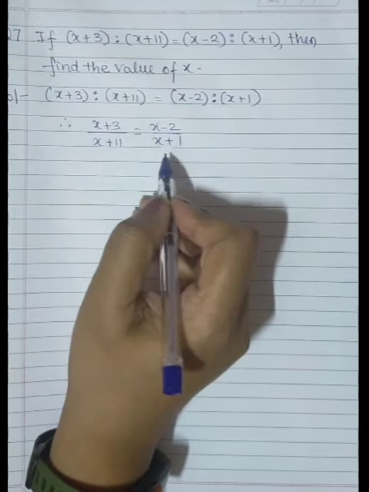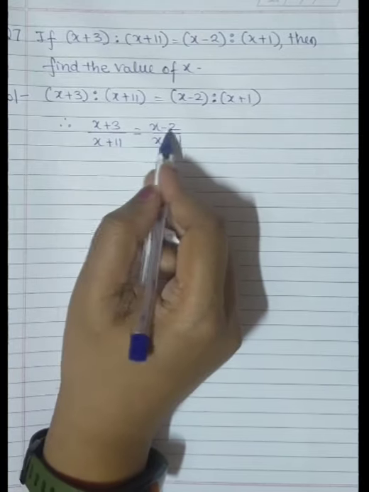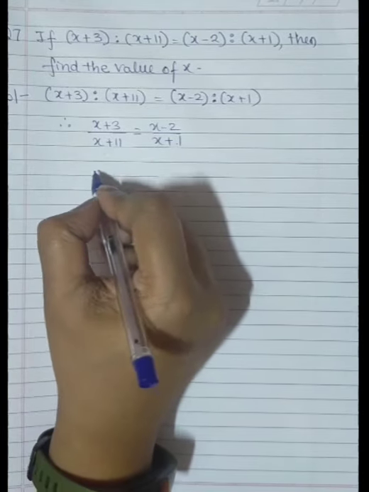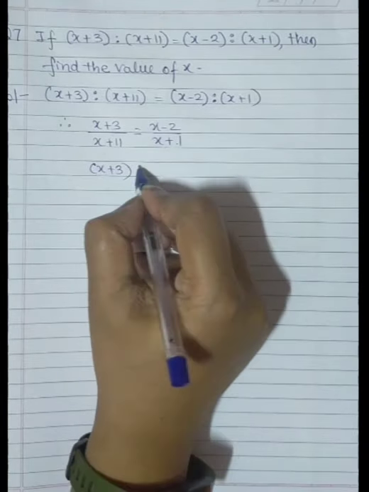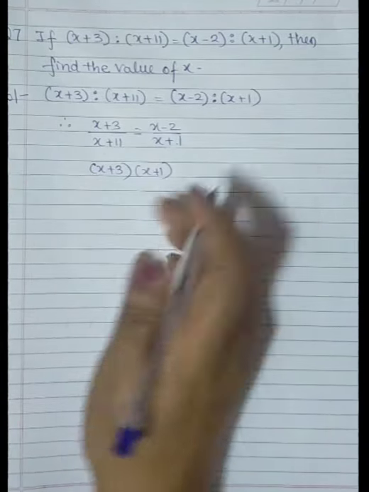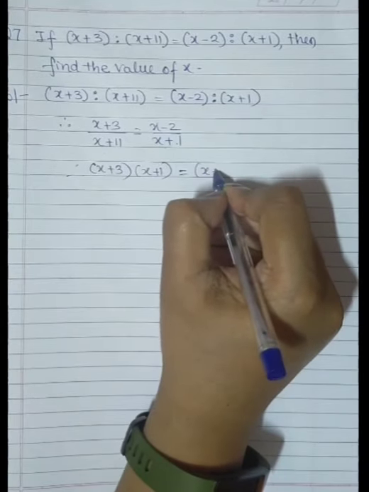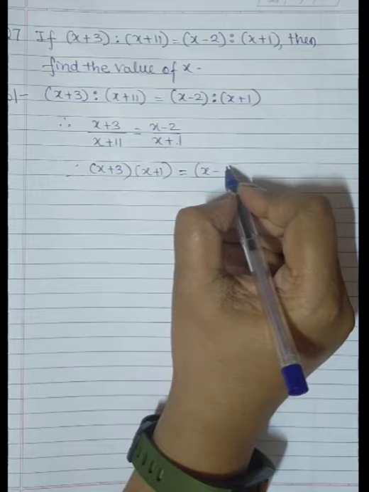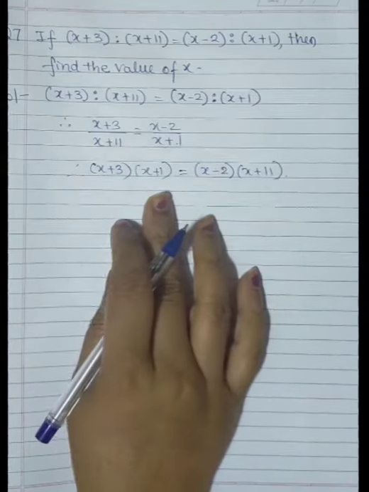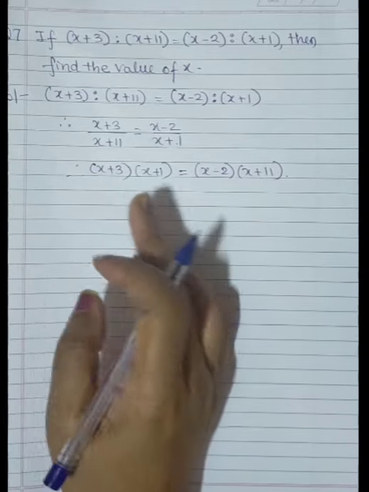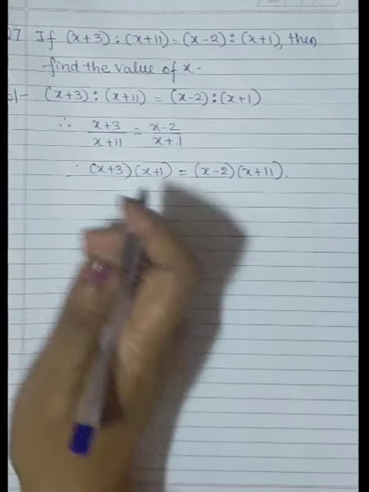Now here again we have to take both in cross multiplication form. x plus 3 and x plus 1 will come this side, left side. Then on the right side we will write x minus 2 and x plus 11. Okay, now we'll multiply this bracket with this one.